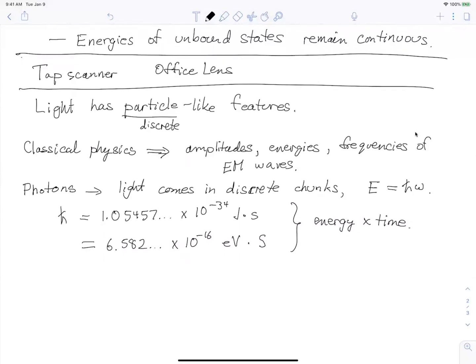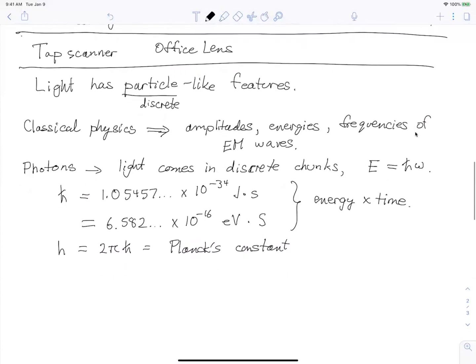We also often will talk about h, which is the original Planck's constant, which is just 2 pi times h bar. This is a constant that Planck had to invent in order to understand or explain the black body radiation.